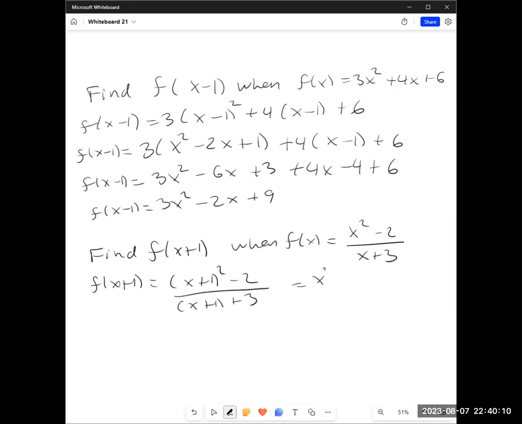That's going to be x squared plus 2x plus 1 minus 2 over x plus 4. That makes f of x plus 1 equal to x squared plus 2x minus 1 over x plus 4. And that doesn't simplify anymore.